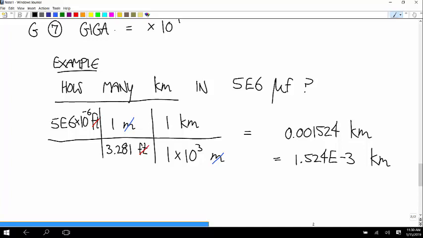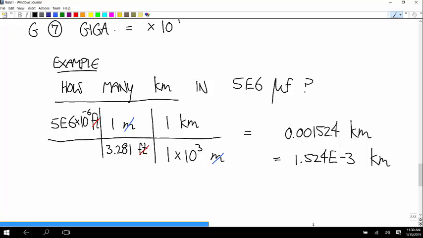Okay, so now we're going to go on. Yeah, so we originally started with micro, and I started with this saying 5 times 10 to the 6 micro.